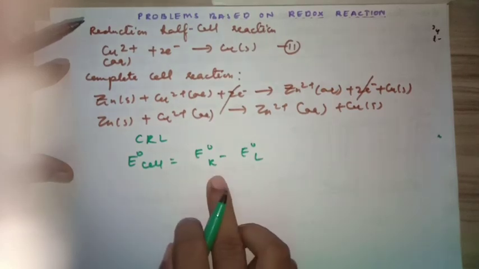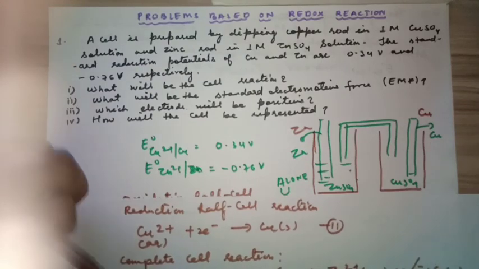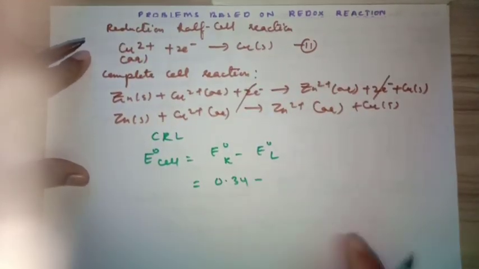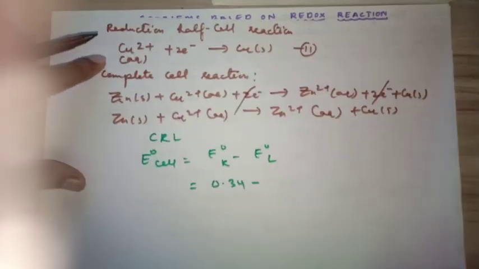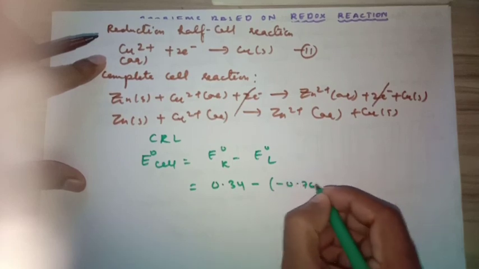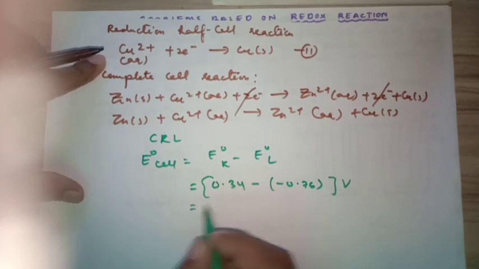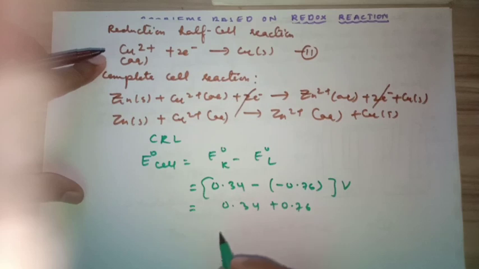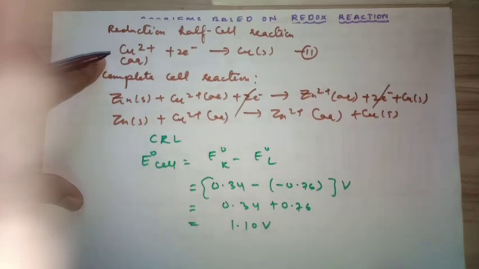On the right it is copper, so we write the electrode potential of copper, that is 0.34, minus E naught left, and that is zinc, minus 0.76, and overall it will be in volt. So on adding it will be 0.34 plus 0.76 and we'll get about 1.10 volt. So this will be our EMF.